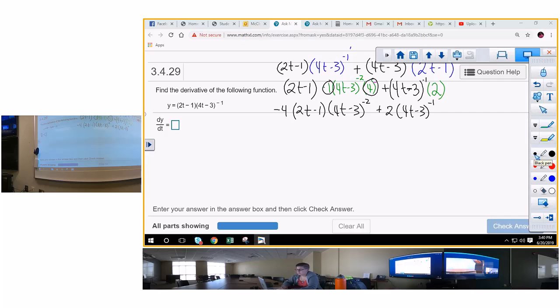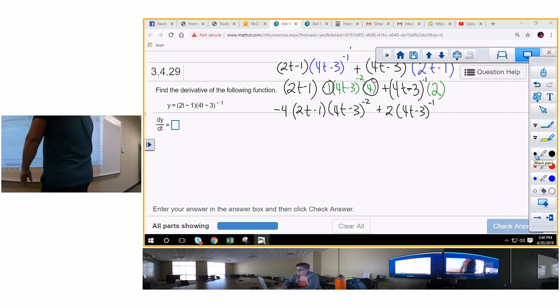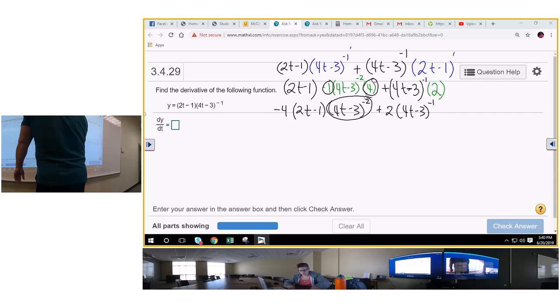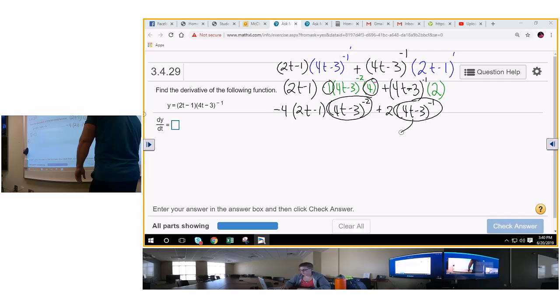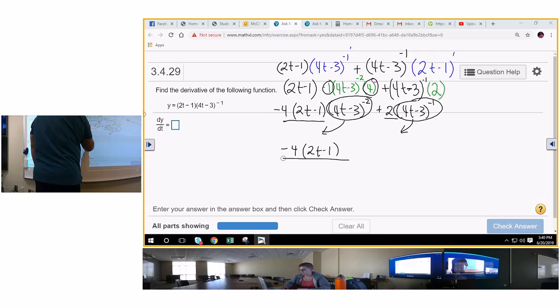Okay, so I'm going to bring these down because of the negative exponents. So that's going to give me -4, 2t minus 1 over 4t minus 3 to the -2, or +2 power.